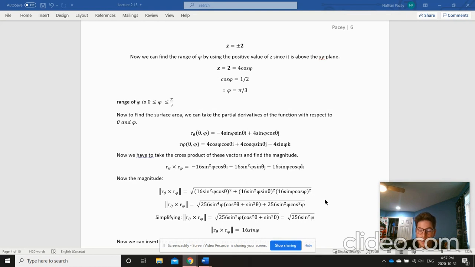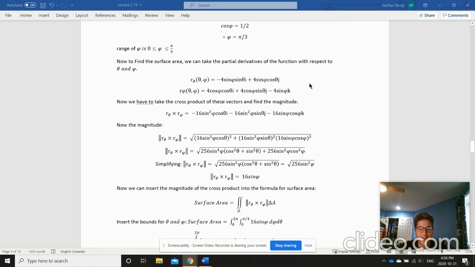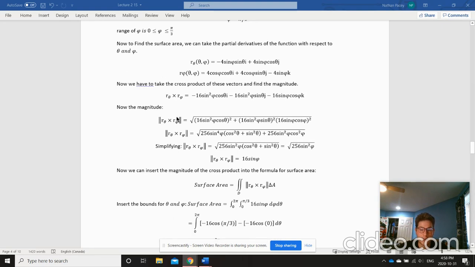Because remember when we had the magnitude of the cross product of A and B, and we use that to find the area. So we can see the partial derivative with respect to theta will be negative 4 sine psi sine of theta plus 4 sine psi cos of theta. That's a mouthful. And you can see here what the r with respect to psi will be. So then we can take the cross product of it and its magnitude.